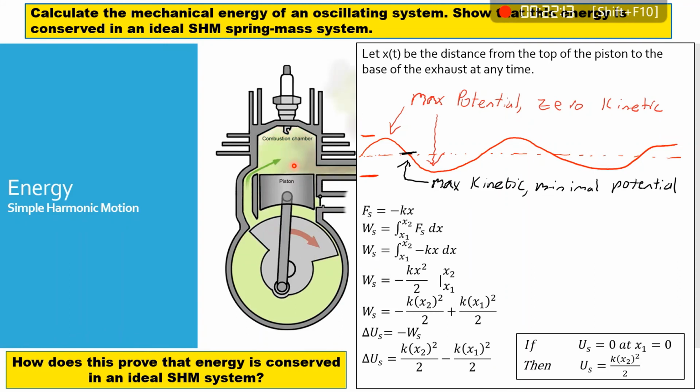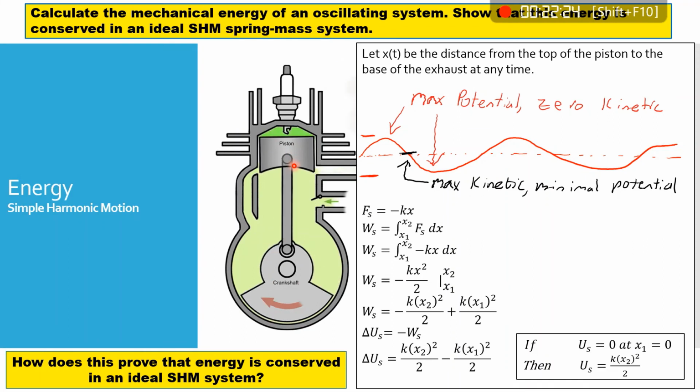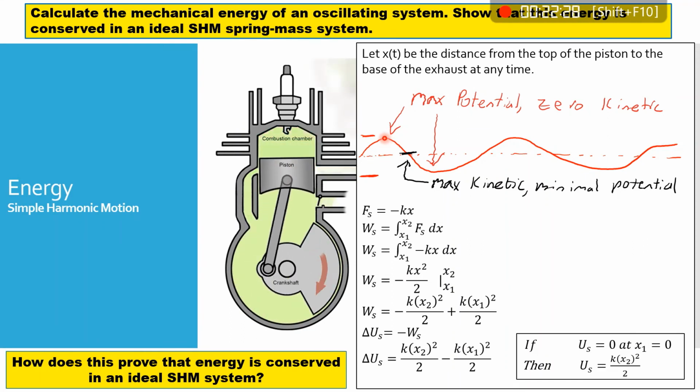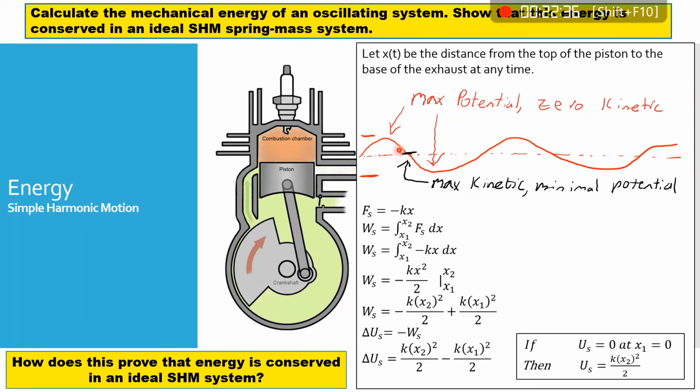So if our velocity changed from positive to negative, then at that point it must have been 0, right? If our velocity is 0 and kinetic energy is 1/2 mv squared, then our kinetic energy also has to be 0 at that high point. And if our kinetic energy is 0, then we should have the maximum amount of potential energy at that high point, right?